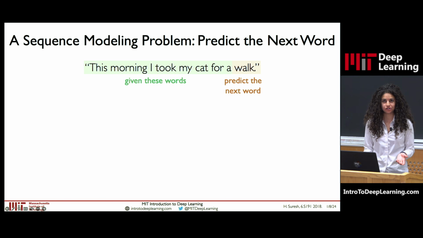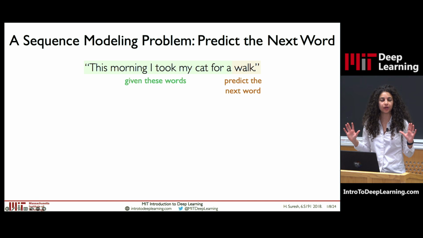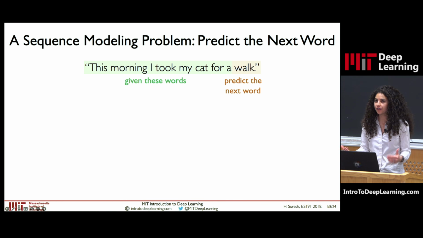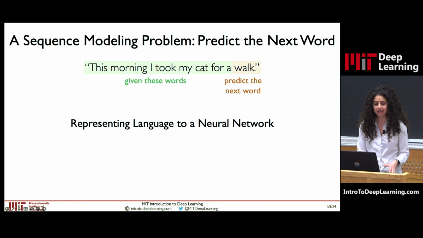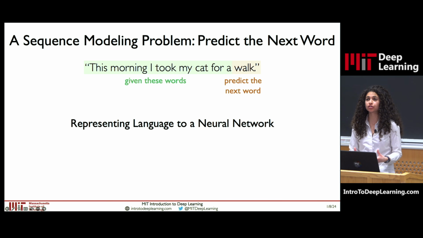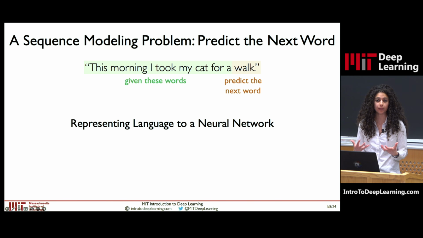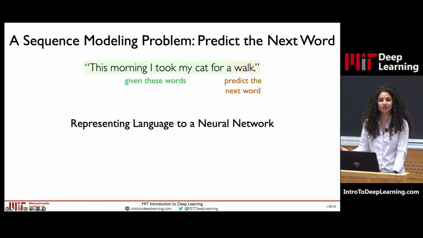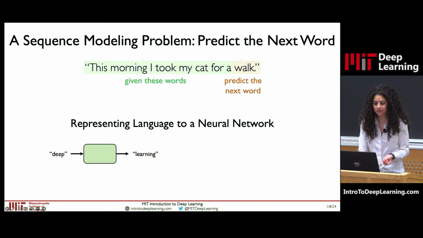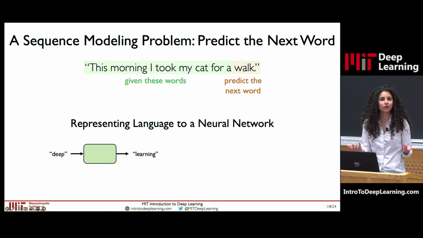How can we actually do this? Before we think about building our RNN, the very first thing we need to do is have a way to actually represent this text, represent this language to the neural network. Remember again, neural networks are just numerical operators. Their underlying computation is just math implemented in code. And they don't really have a notion of what a word is.